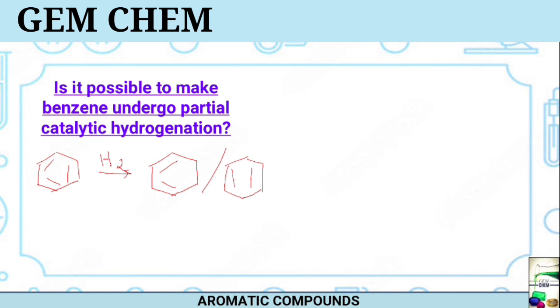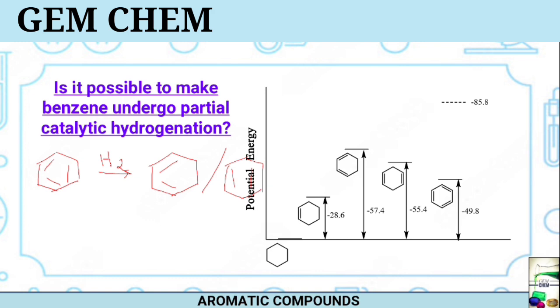Let us see. Now if we plot the same heat of hydrogenation that we have seen in the previous slide in a graph, then we can see that these are the energy levels. If you consider going from benzene to the previous one having two double bonds, then you can see the reaction needs to be endothermic.